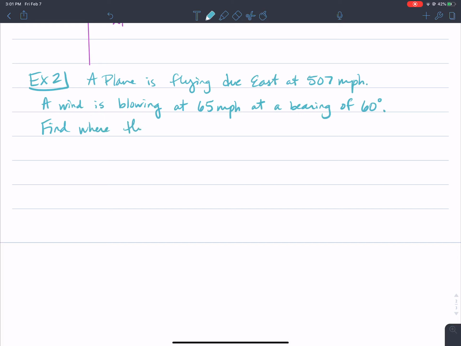Find where the plane will actually head and at what speed.